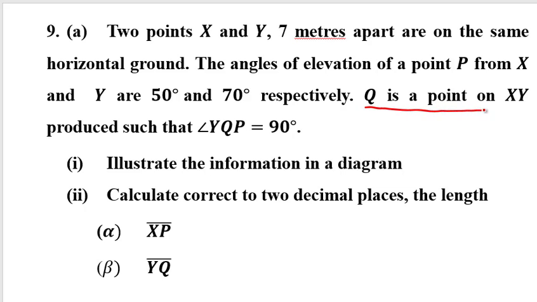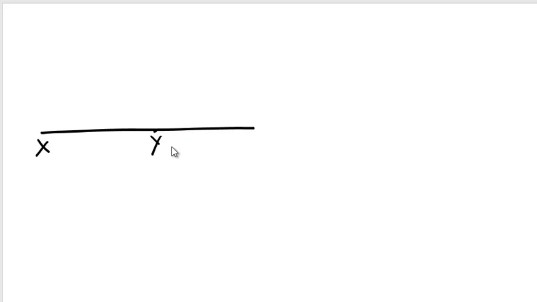If you look at this statement, it's trying to tell you that the point Q is on the right side of Y, and Q also is on the same horizontal ground that the XY is on, because the question said angle YQP is equal to 90 degrees.